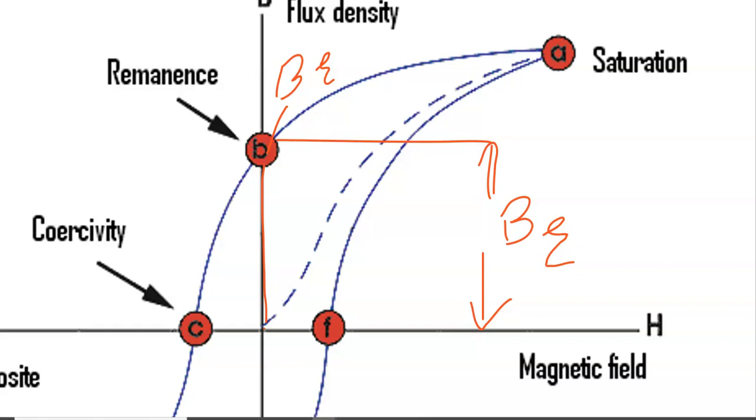I have to apply this magnetizing force in the reverse direction. So I will now start applying H in the negative direction, meaning I will change my current direction. After applying this much minus H, the flux density will be 0.